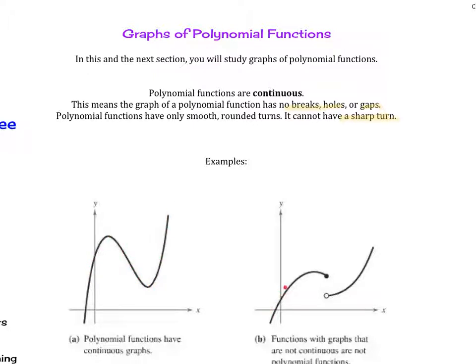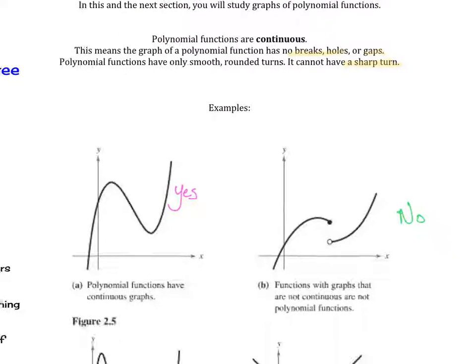So for example, here, this one, you can draw one part of it, but you have to lift your pencil, start all over again, and go on. So in this first one, this is a polynomial function by looking at the graph. And then for the second one, this is no, right? It's not continuous. The first one is continuous.